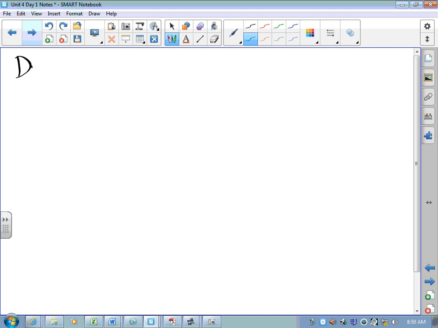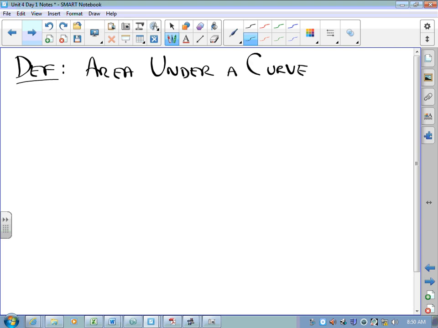So what do you know? You know that the definite integral, this is the stuff that's going to come flooding back like mad. You know that the definite integral is the area under a curve.